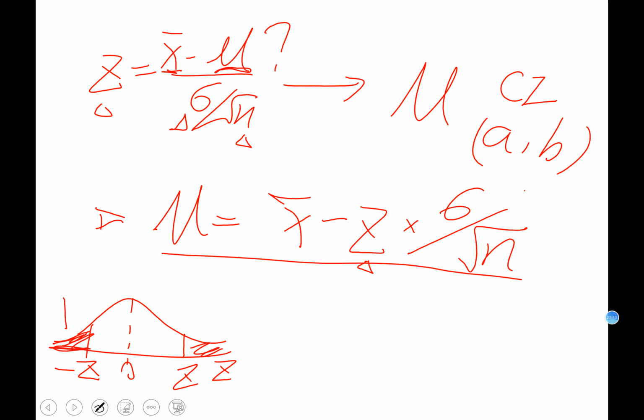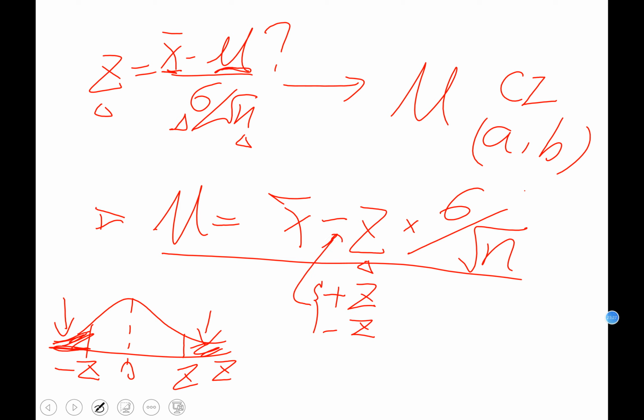That means the left part and the right part, the areas of these two parts are the same, right? These two numbers are symmetric about Z equals 0. So here we actually have two numbers of Z. The first one is positive Z, and the second one is negative Z.